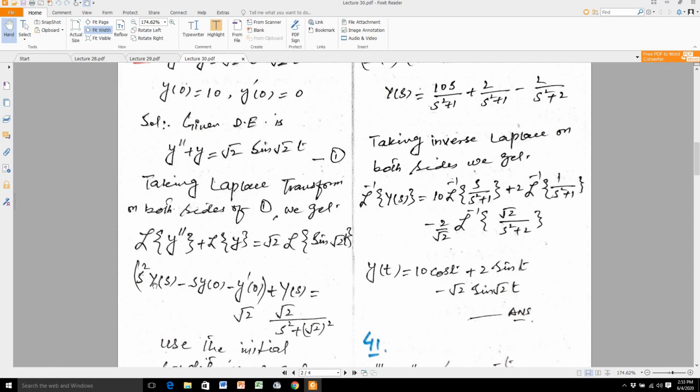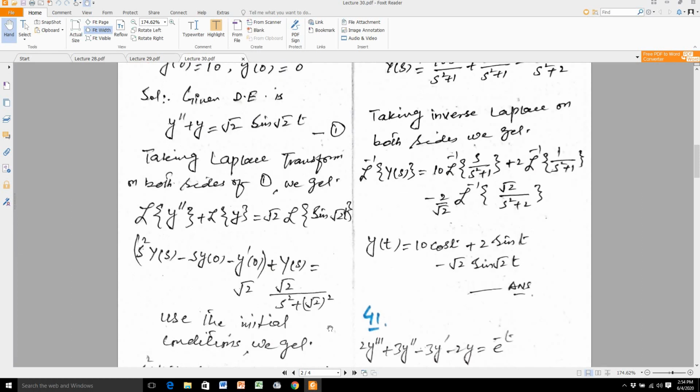S square capital Y of s minus s y of 0 minus y prime of 0 plus capital Y of s is equal to square root 2, and the Laplace of sine square root 2t is square root 2 over s square plus square root 2 whole square.